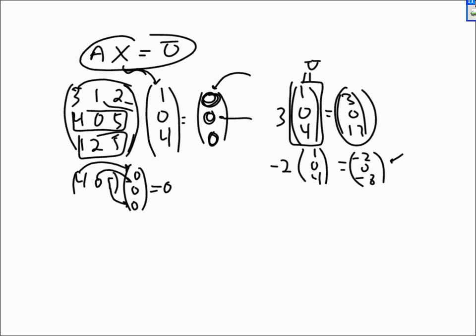Now, one last thing I want to show you, and then we'll be done. This is not true if it's a non-homogeneous system. That is, you have AX equals B, but B is not 0. If B is not 0, then it is a non-homogeneous system.